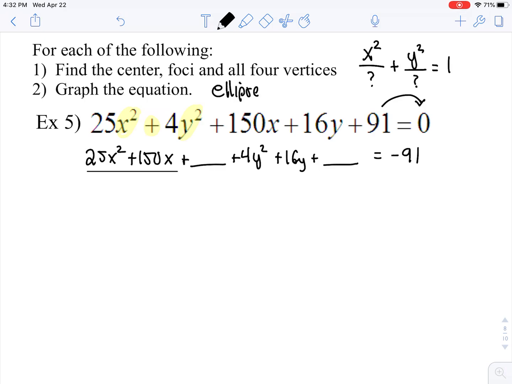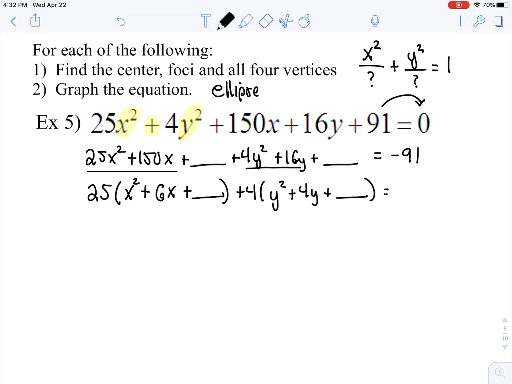In this one, I'm going to factor the 25 out of the equation. So that's going to leave me with x squared plus 6x plus blank. And over here, I'm going to factor the 4 out. That leaves me with y squared plus 4y plus blank equals negative 91.